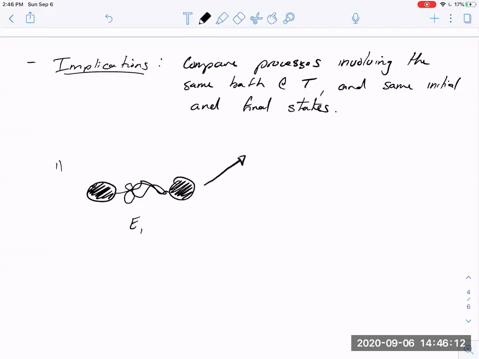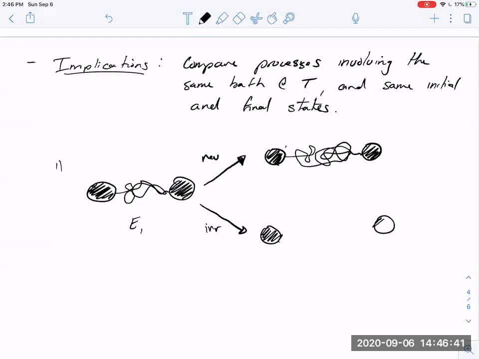Let's imagine pulling that polymer apart either reversibly to some final length or irreversibly, so at some finite speed, but to the same elongation length.